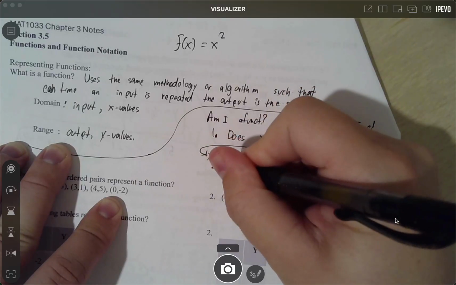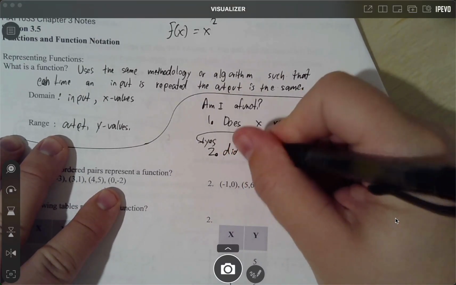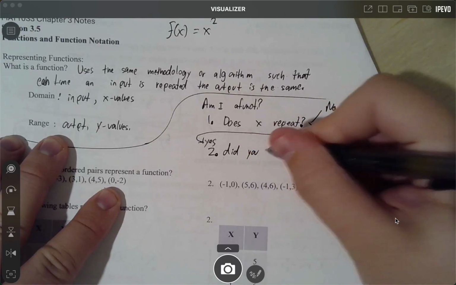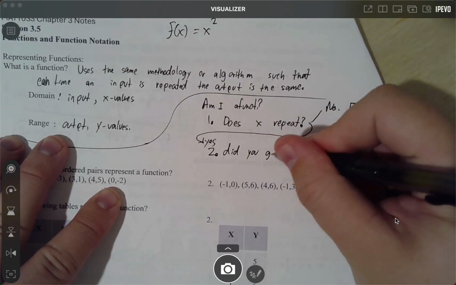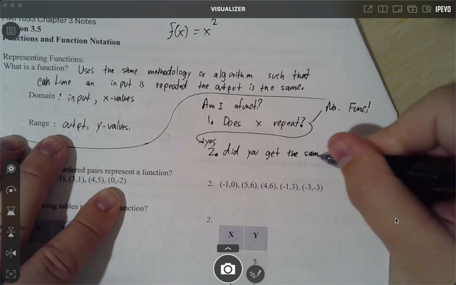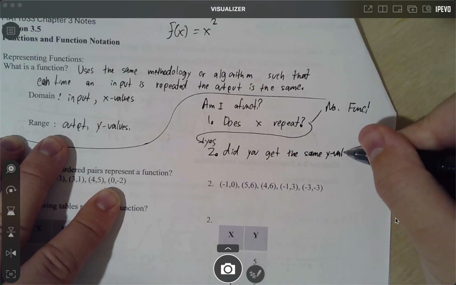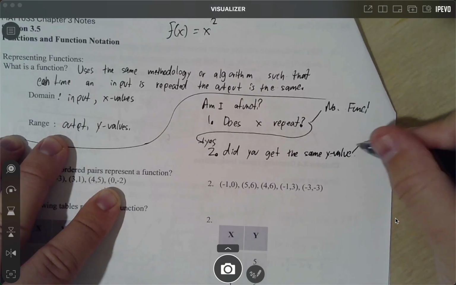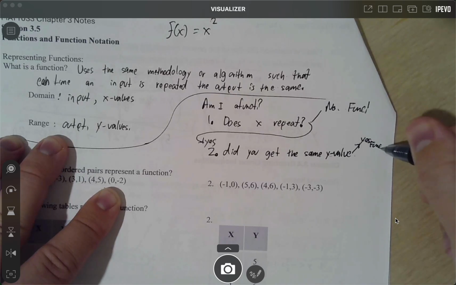And then if yes, you move on to step 2, and you say, did it produce the same y value? And notice this time, if the answer is yes, you're a function because you need to get the same result.